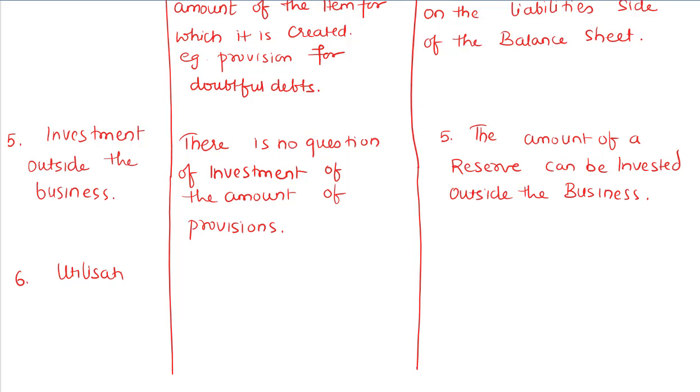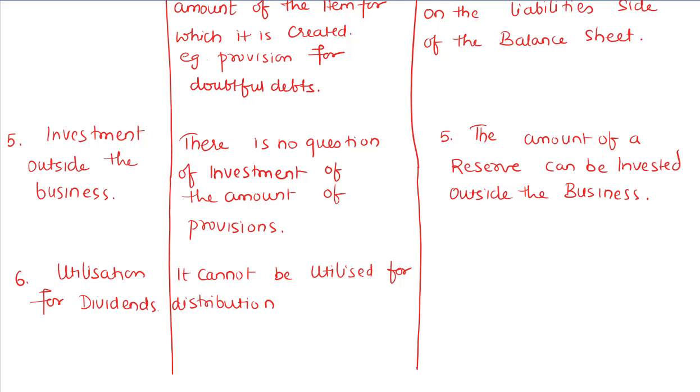Point number 6, utilization for dividends. Provision cannot be utilized for distribution by way of dividends.